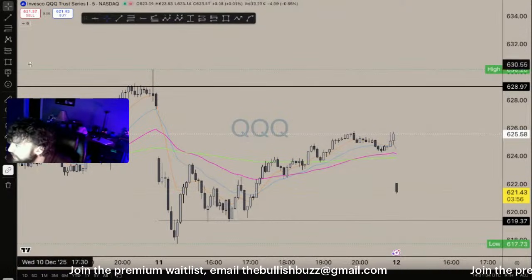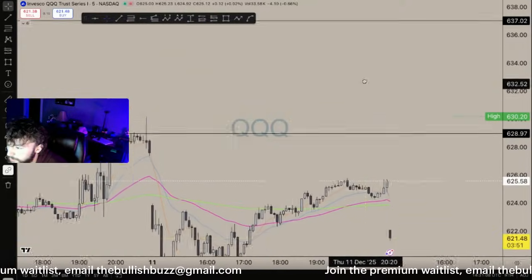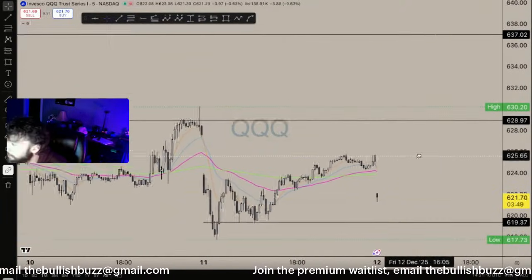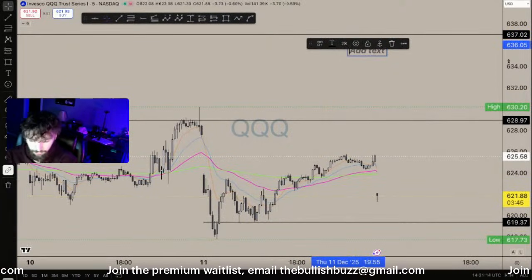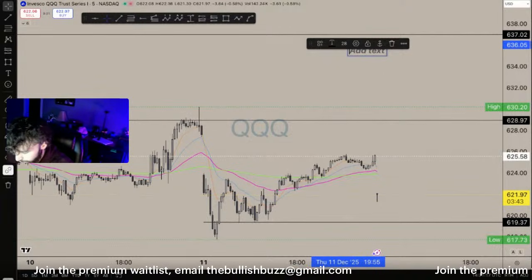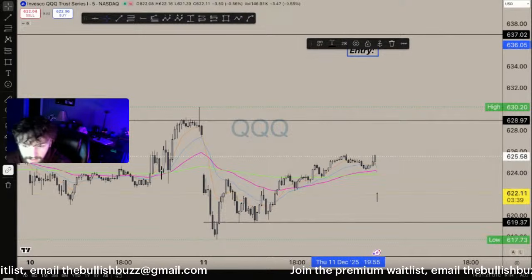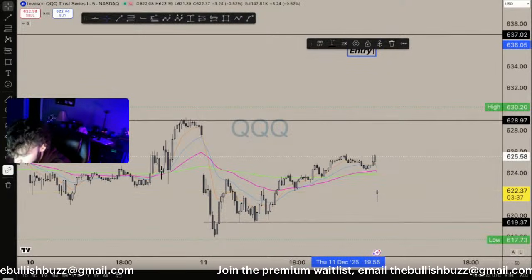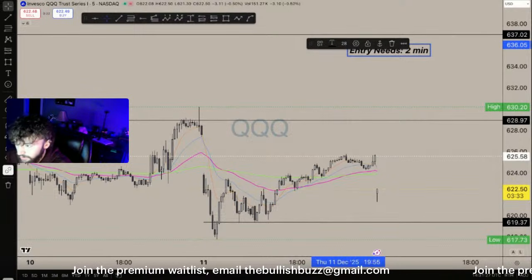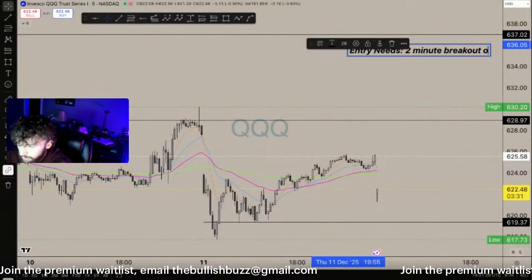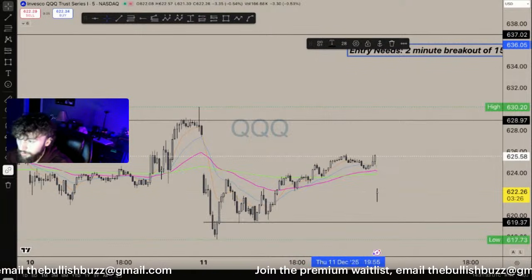Okay, so while we wait on ORB, this is what we're going to wait for now. To take an entry, these are your entry needs. Entry needs, okay? You need a 2-minute breakout of the 15-minute ORB.